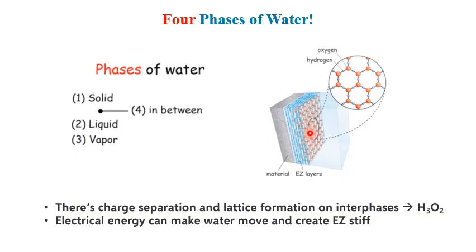This is something that forms these structures, a state that is between the liquid and the solid. So this is what we call the fourth state, or fourth phase, of water: this gel-like structure, okay?